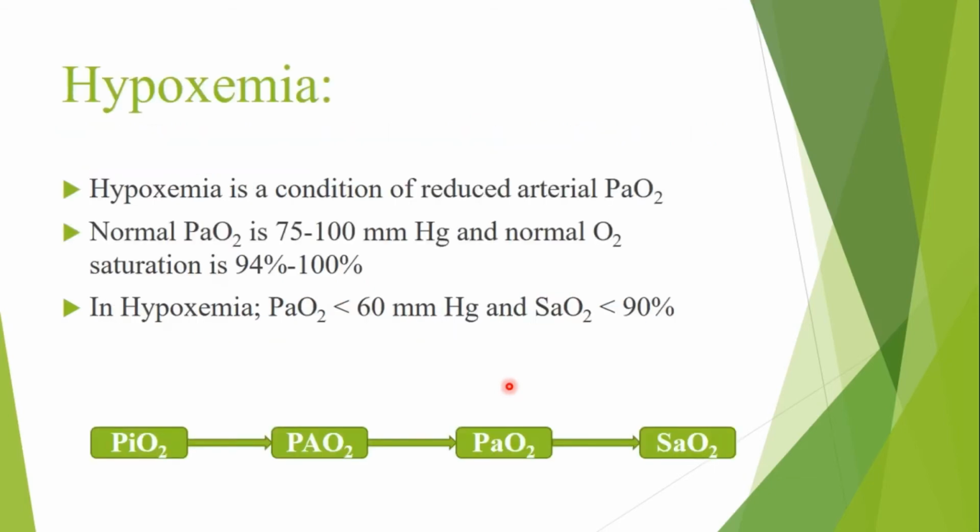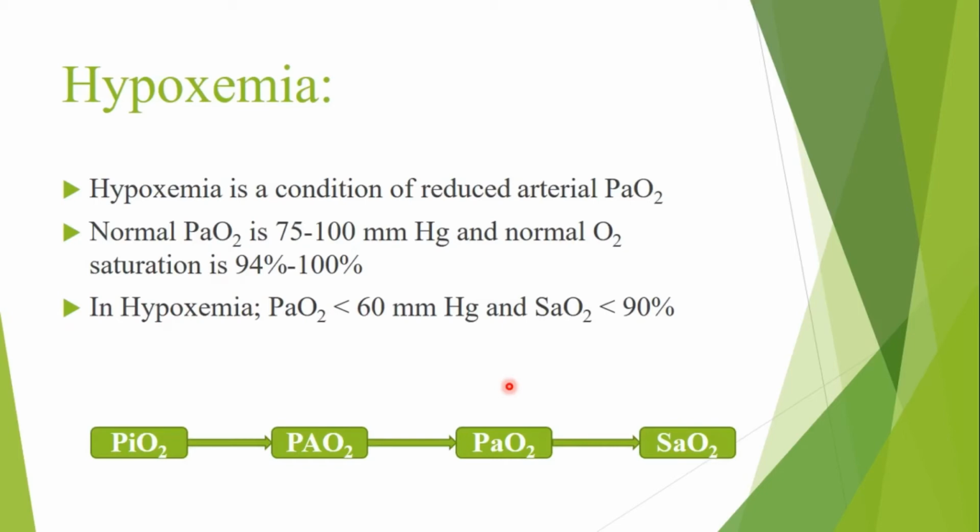Okay, now let's start talking about hypoxemia. Hypoxemia is a condition of reduced arterial partial pressure of oxygen. So the normal partial pressure of oxygen is 75 to 100 millimeters of mercury, and the normal oxygen saturation is 94% to 100%.